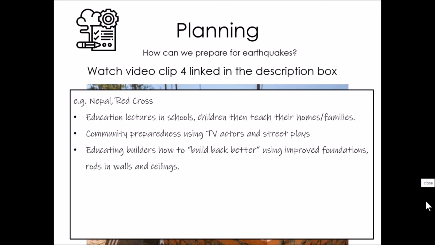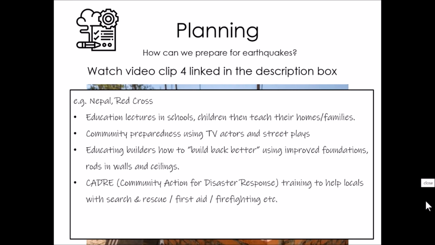They probably won't be able to afford a lot of the things we've mentioned in the protection bit. A lot of this is just education about if you put a rod there, if you lay the foundations like this, is not necessarily causing a much greater budget to be needed, but it is education for builders that is allowing them to understand how to build back better.